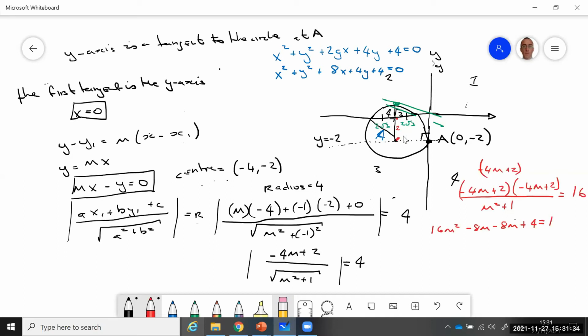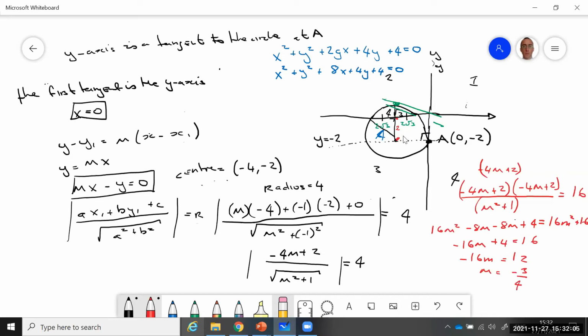That equals 16m squared plus 16, because I'm multiplying up by the m squared plus 1 that's underneath the line. And then we can subtract 16m squared from both sides. Then we're left with minus 16m plus 4 equals 16. Minus 16m equals 12. Therefore, m equals minus 3 over 4.